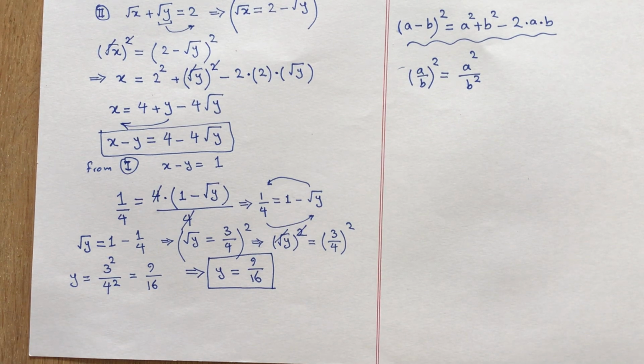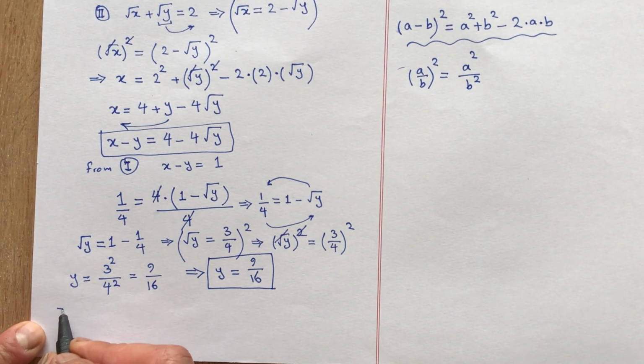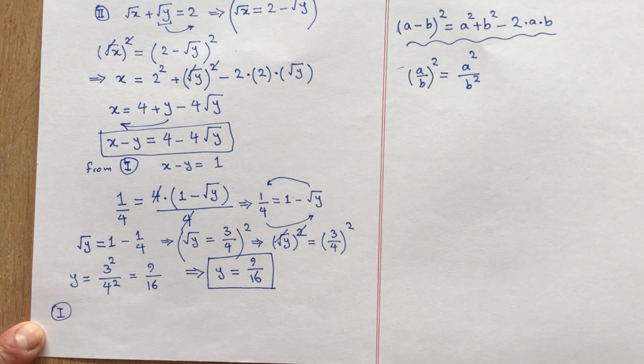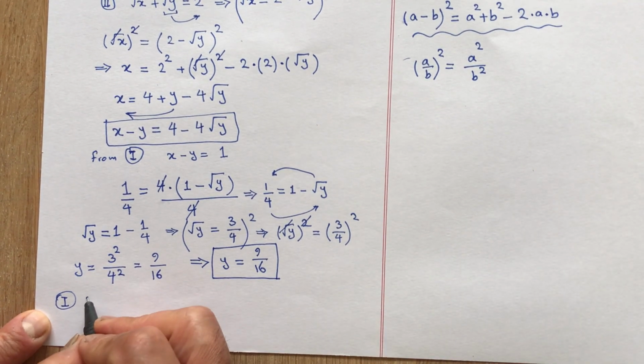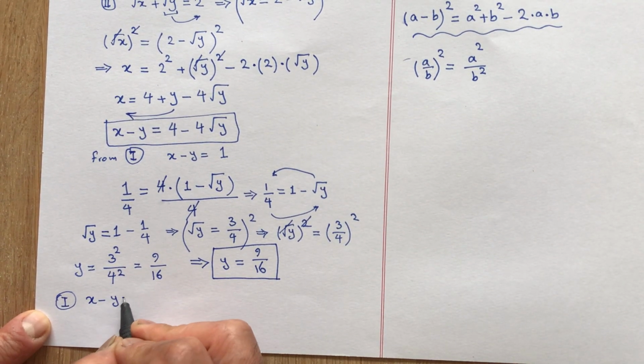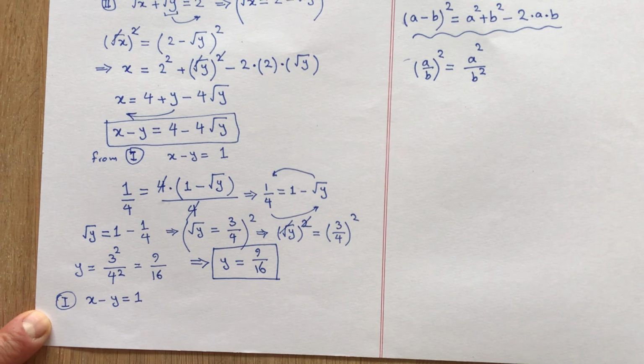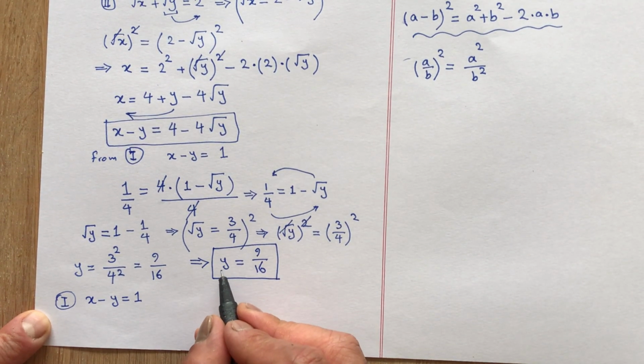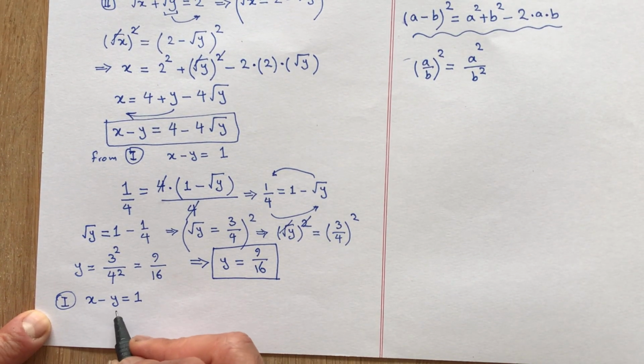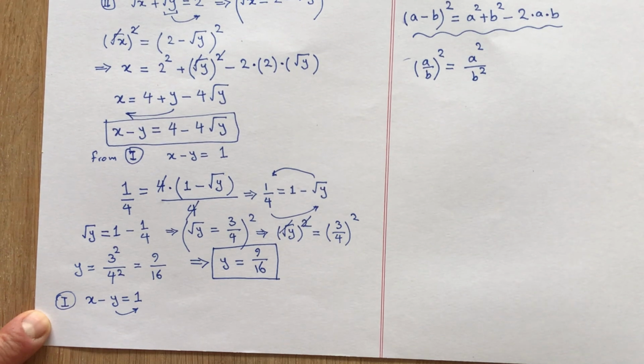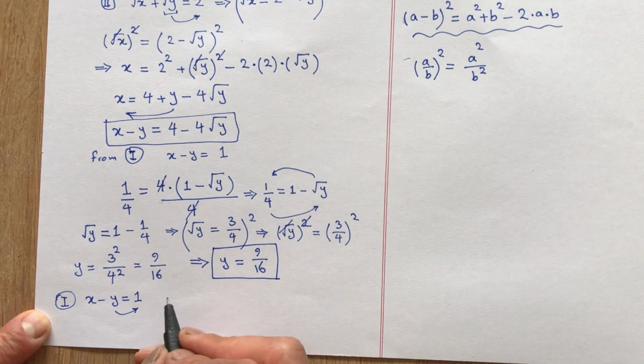Right. The final step is to find the other parameter, which is x. From the first equation, you know x minus y equals 1. And we have y here, so you just take this parameter to the other side, to the right side.